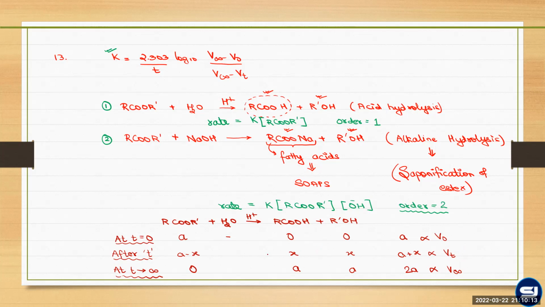When you say 50% neutralized, मतलब X will become 0.5 of initial, and A minus X will become 0.5. तो ये भी half of A हो जाएगा. तो अब जब add करोगे तो ये कितना हो रहा है? 1.5A, right? तो अब V infinity Vt के बराबर है क्या? No. नहीं. Vt minus V0 के बराबर है.